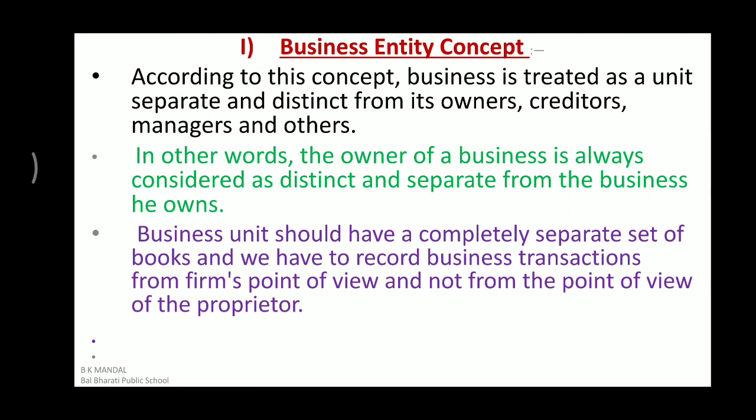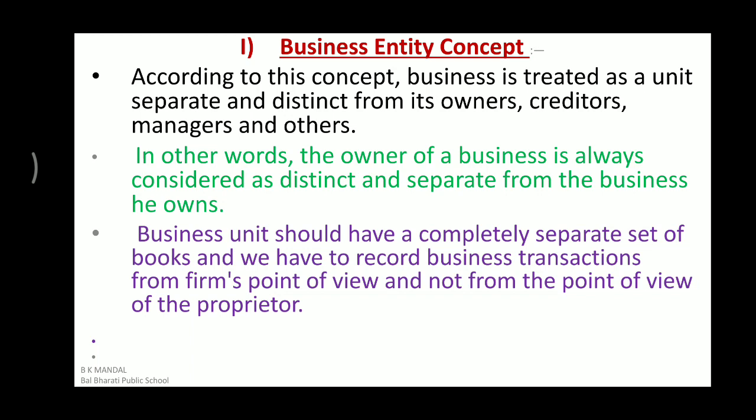Now see the various types of accounting concepts. First is the business entity concept, which is also known as the separate entity concept. According to this concept, business is treated as a unit, separate and distinct from its owners, creditors, managers, and others.